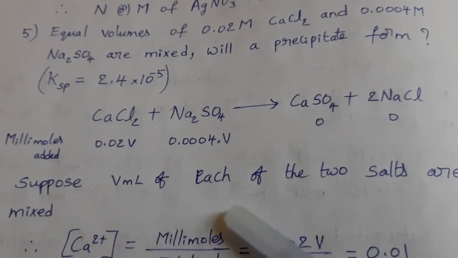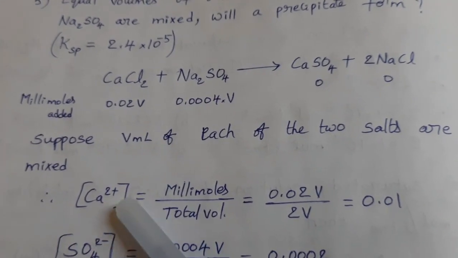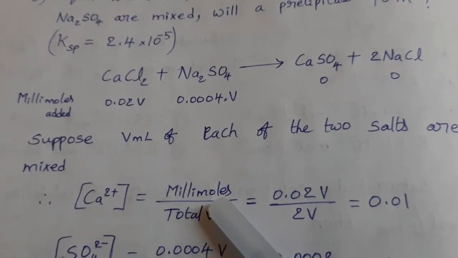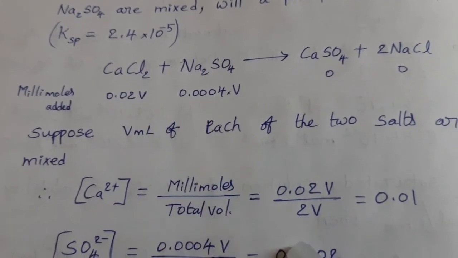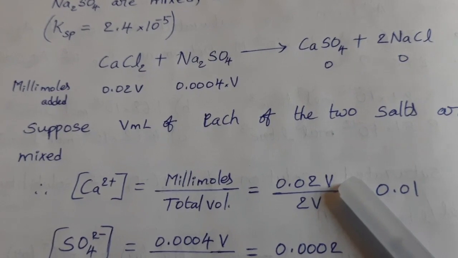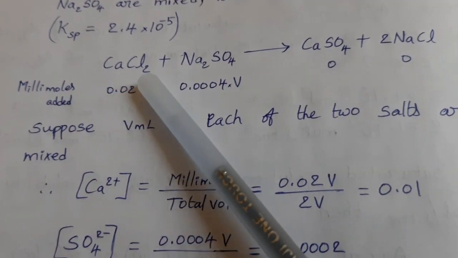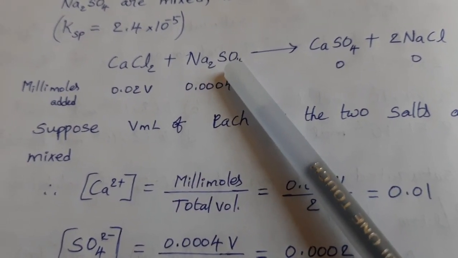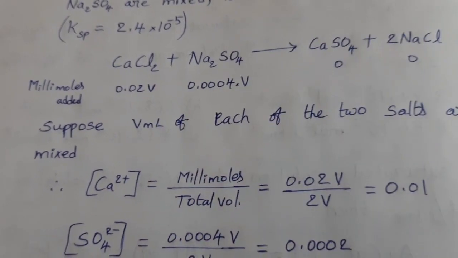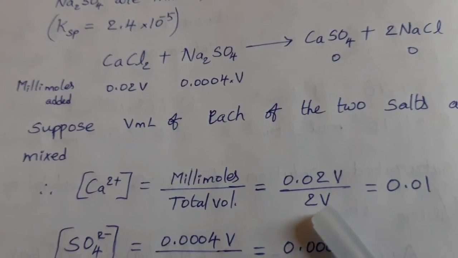Suppose V ml of each of the two salts are mixed, then calcium ion concentration equals millimoles divided by total volume. Millimoles means this one, so 0.02 V divided by the total volume. CaCl2 volume is V ml, Na2SO4 volume is also V ml, so when both solutions are mixed the total volume is 2V.